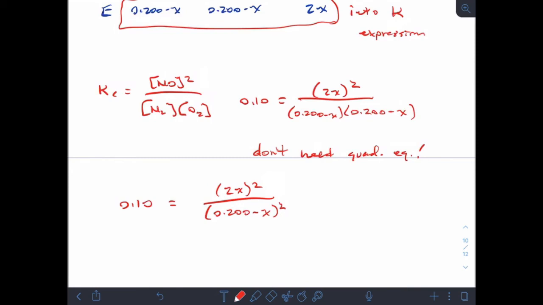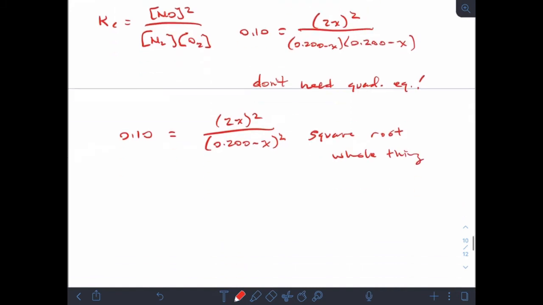Isn't that the same thing as the Kc expression that I wrote above? So if I have perfect squares, which is very handy, all I have to do is take the square root of the whole thing. So I'll end up with the square root of 0.10 equals 2x over 0.2 minus x.